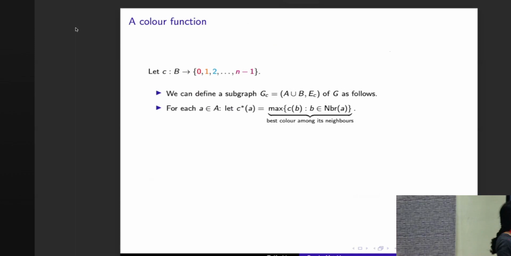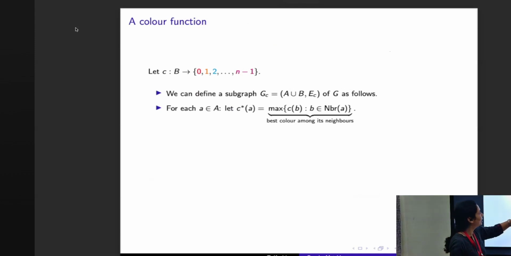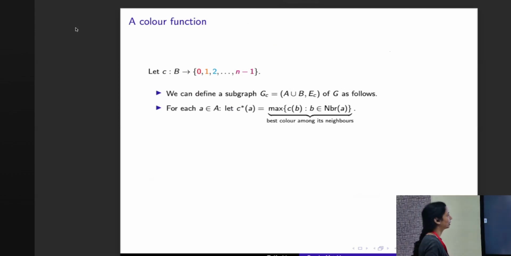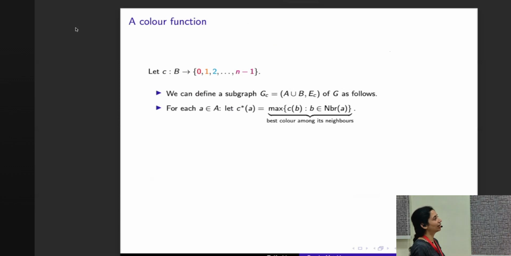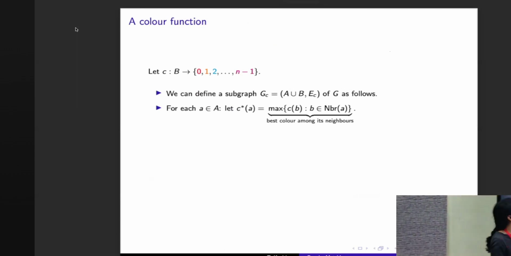For every agent A, let C star of A be the maximum value of a color in its neighborhood. So for every agent, getting as high a color as possible is better. Let's say agents like higher colors: n minus 1 is the best color, n minus 2 is the second best color, and so on.